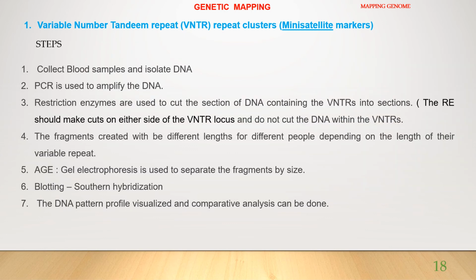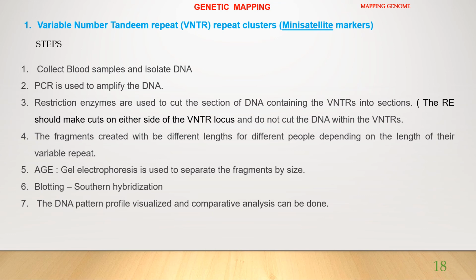Steps for VNTR analysis. First, the blood samples are collected and DNA is isolated from all the samples. PCR is done to amplify the DNA samples. This is followed by cutting the DNA at restriction sites. Care should be taken that the restriction site used is on either side of the VNTRs and not within the VNTR.